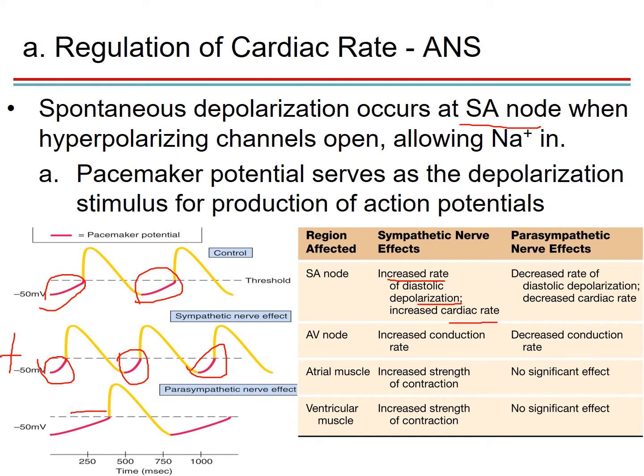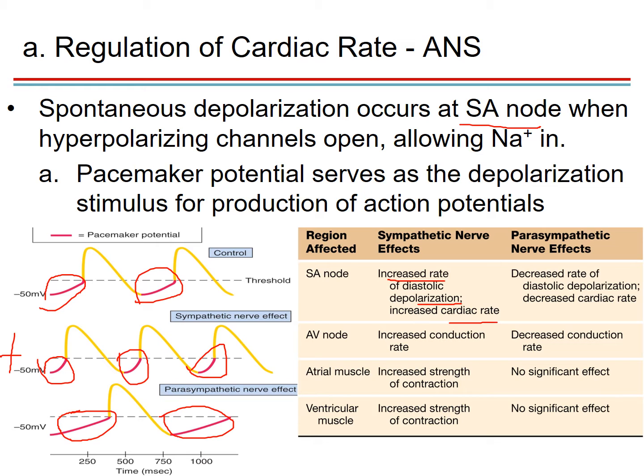Whereas with the parasympathetic division, in this panel we have now a slower rate. This is due primarily to acetylcholine, the main neurotransmitter from the vagus nerve, and it binds to muscarinic acetylcholine receptors. This opens potassium channels to slow the heart rate.